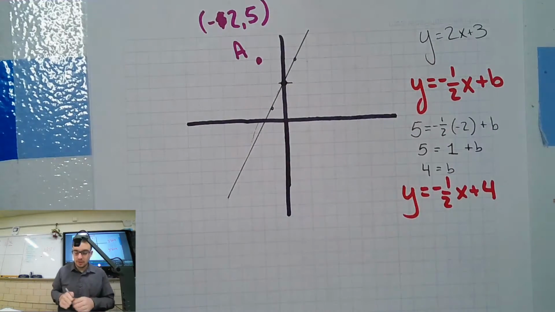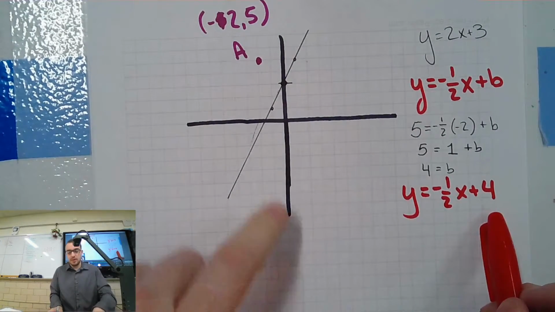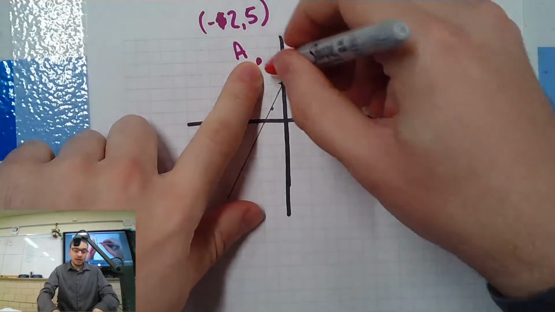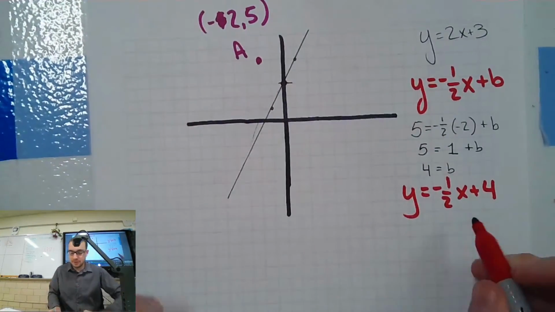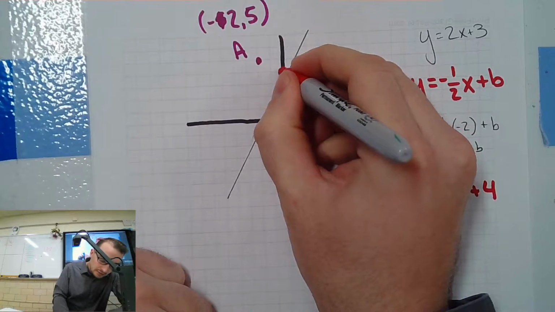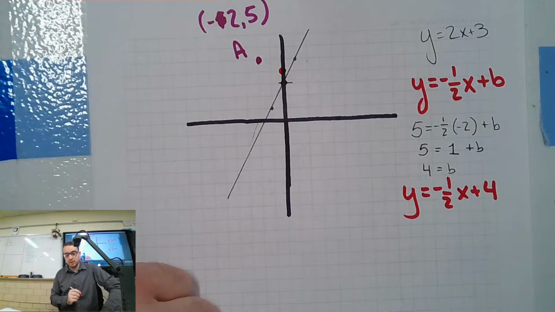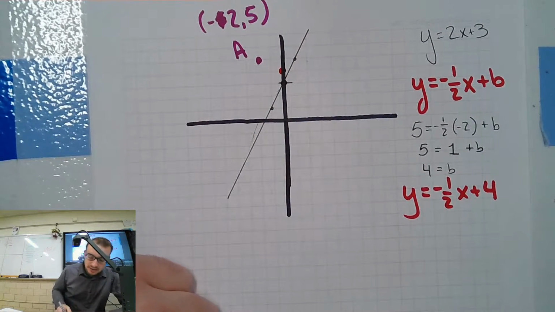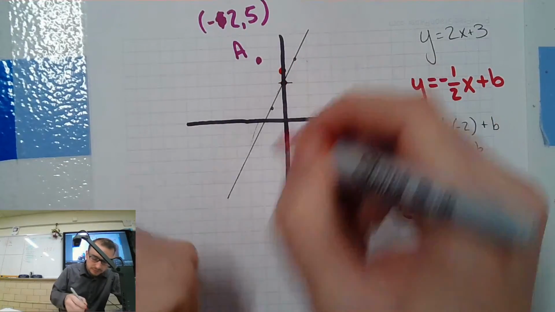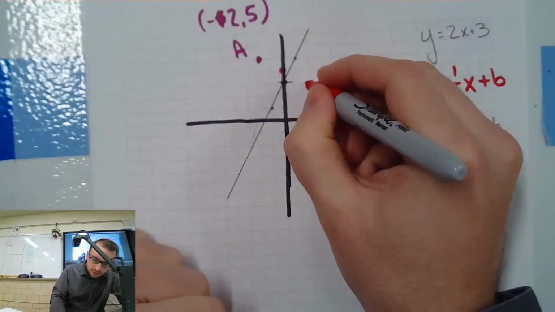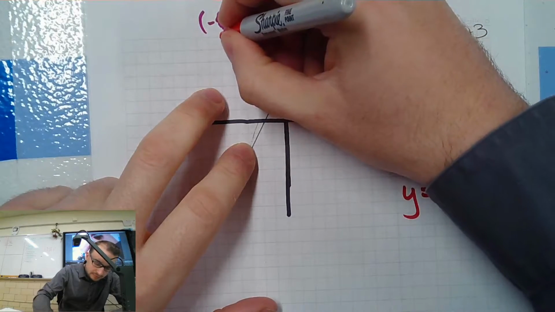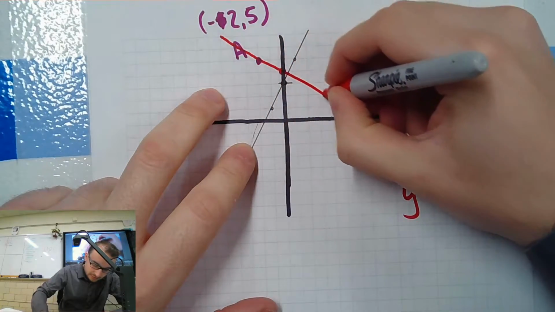Cool. So that's our line that's going to be perpendicular and goes through A. So that's going to be the line where A ends up on. So when we graph this thing, it's a plus 4. So it hits at plus 4. And then it's going to be down 1 over 2. So we know that our line is going to look something like this.